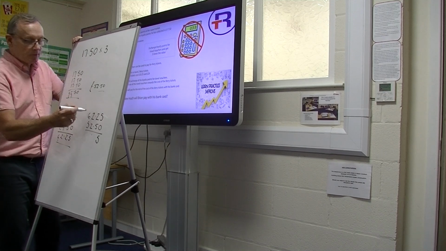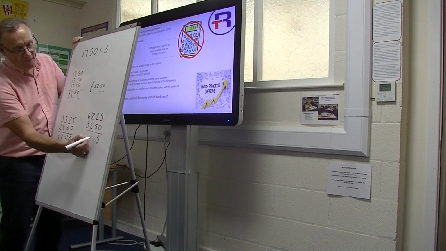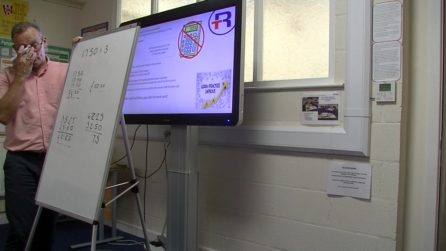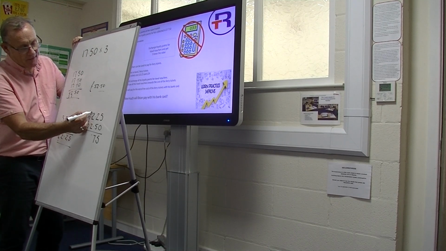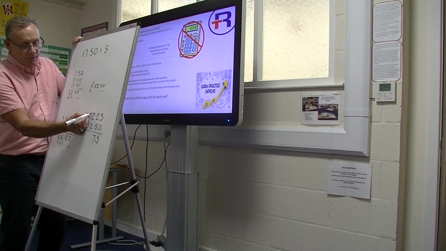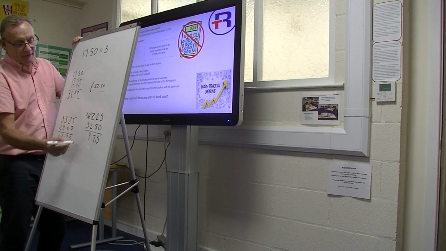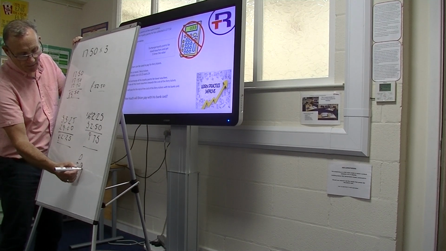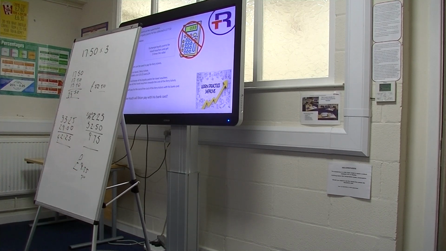So we pop next door, we borrow 1. 12 take away 5, that becomes a 7. 1 take away 2, we can't do that either. So we cross that out, that then becomes a 5, that becomes an 11. So 11 take away 2, that's going to give us 9. 5 take 5 is nothing. So he actually owes on his card £9.75. Yeah? So far so good.